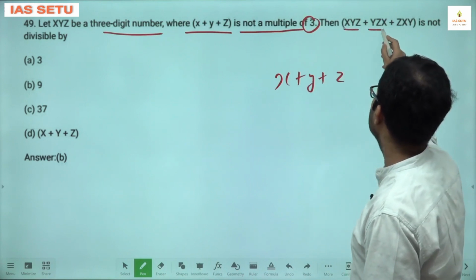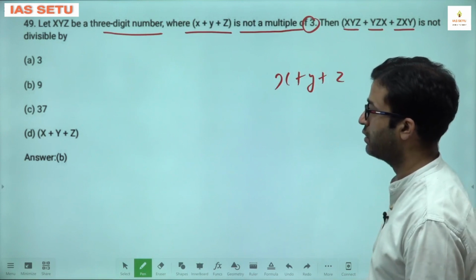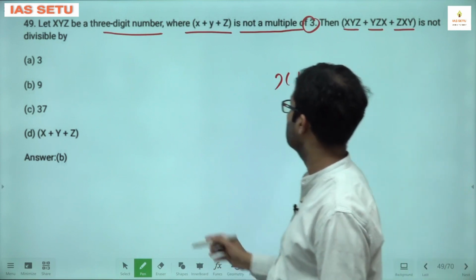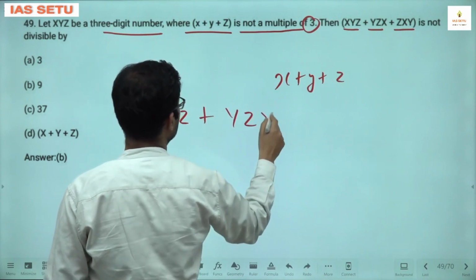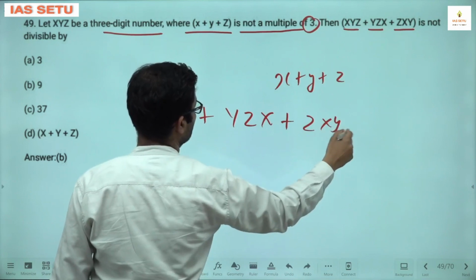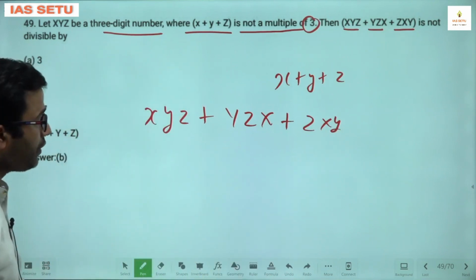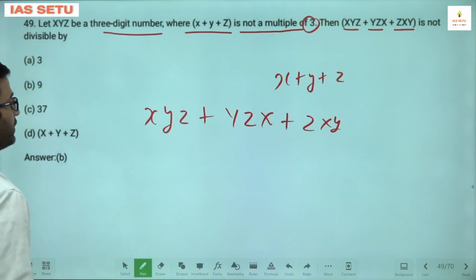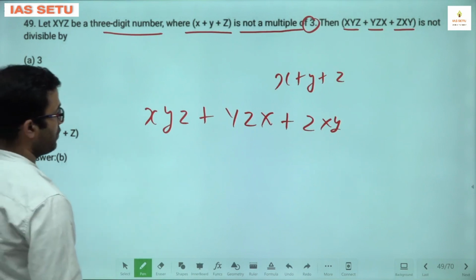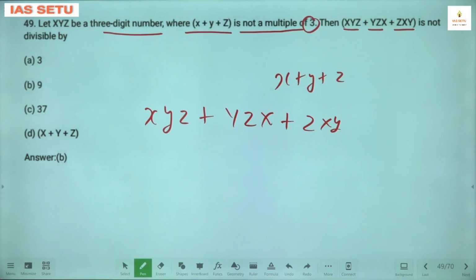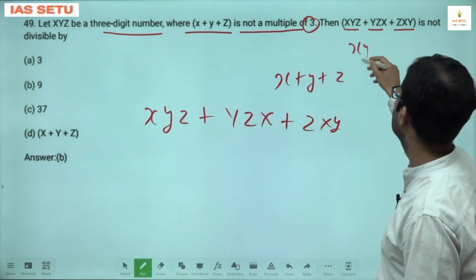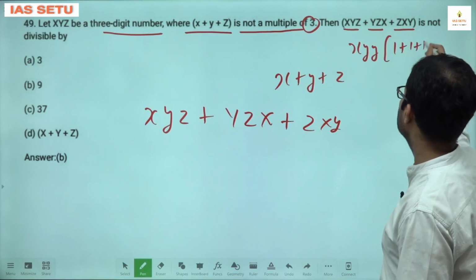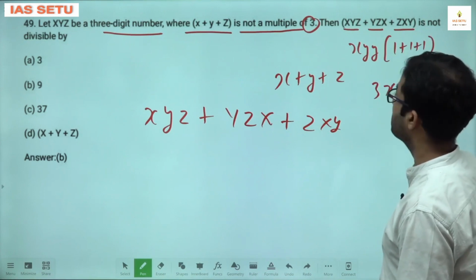XYZ plus YZX plus ZXY is not divisible by... See here, X, Y, Z common: 1 plus 1 plus 1, so it is 3 times (X plus Y plus Z).